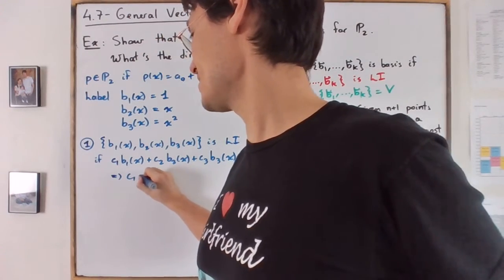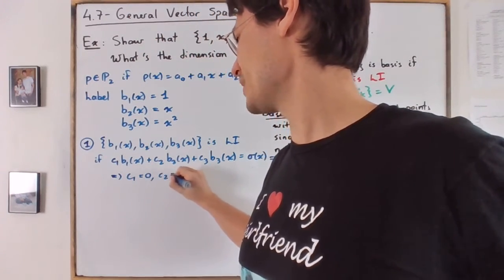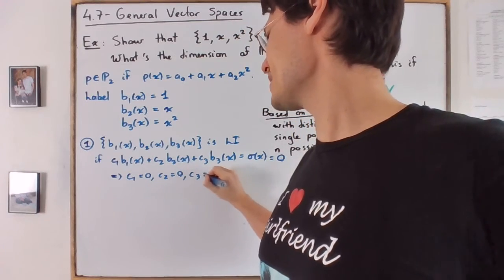So C1 equals 0, C2 equals 0, and C3 equals 0.